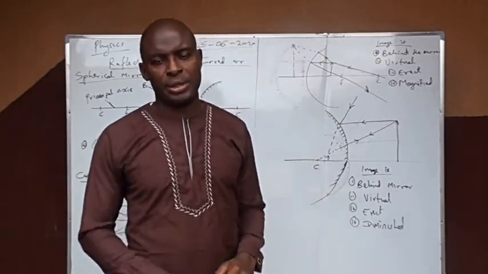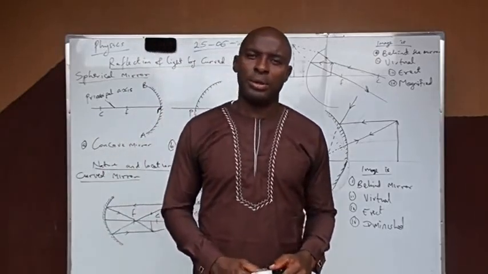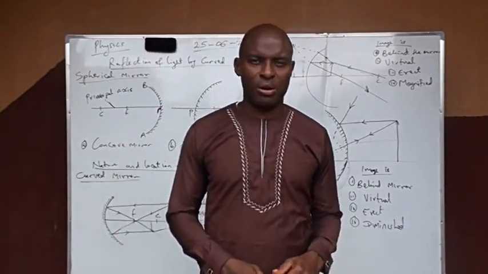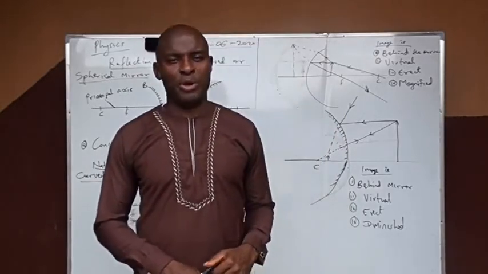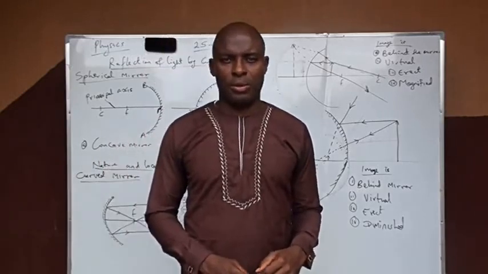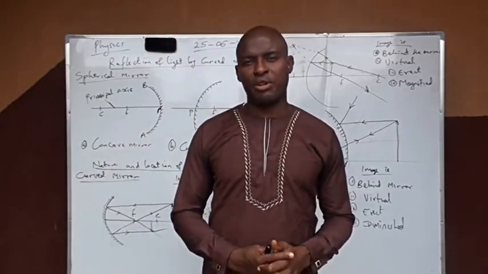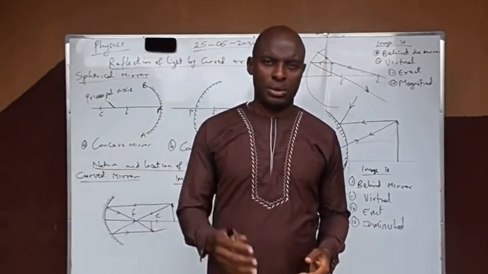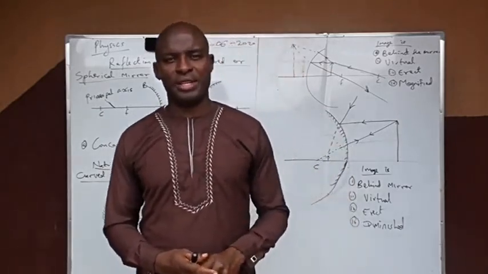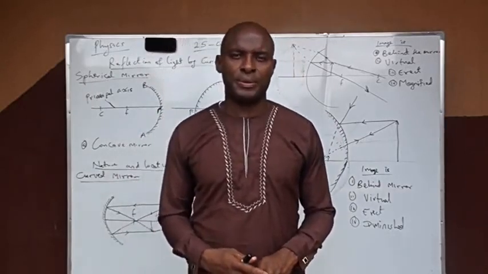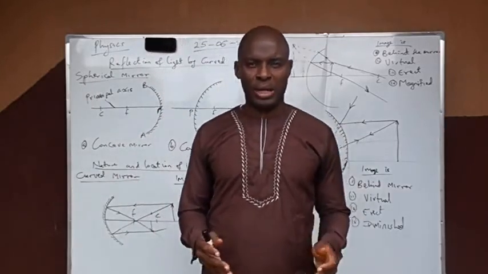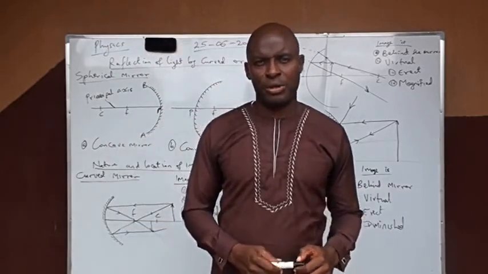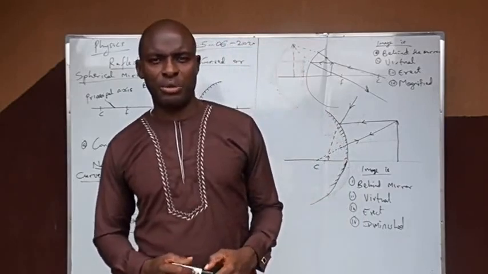But before we proceed, I want to take our minds back to what we discussed in our previous class. We discussed some properties of images formed by a plane mirror, which include: the image must be of the same size as the object, which means the magnification will be 1. Another one is that the image distance from the mirror must be equal to the object distance in front of the mirror.